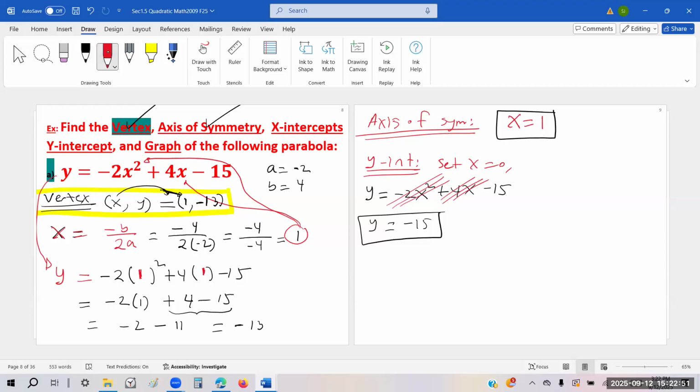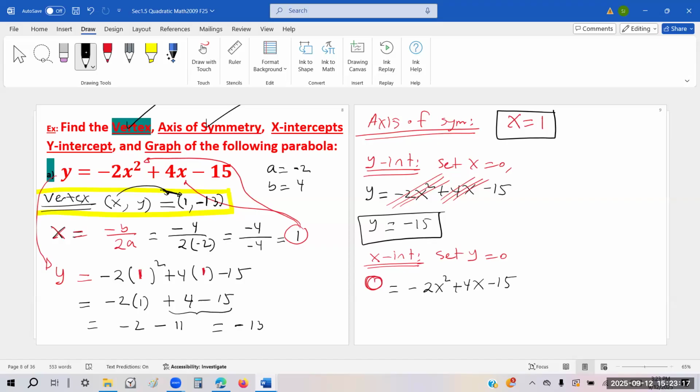And now let's find the hardest one, the x-intercept. How do we find the x-intercept? Set y to 0. So we have 0 equals negative 2x squared plus 4x minus 15.